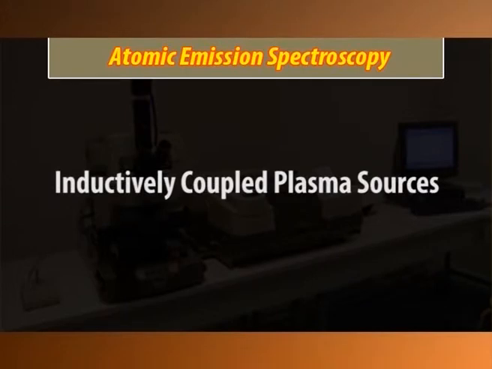Inductively coupled plasma sources. The inductively coupled argon plasma, ICAP or ICP torch, is a special type of plasma that derives its sustaining power by induction from a high frequency magnetic field. Initially, argon gas passes through a 25 mm quartz tube and upon emerging at the tip is surrounded by an induction coil.